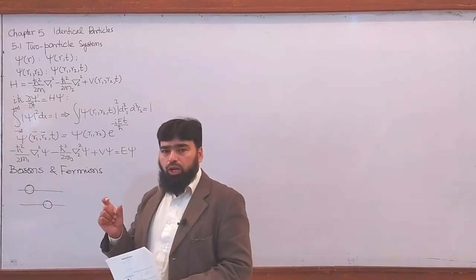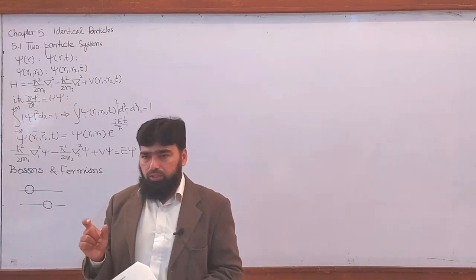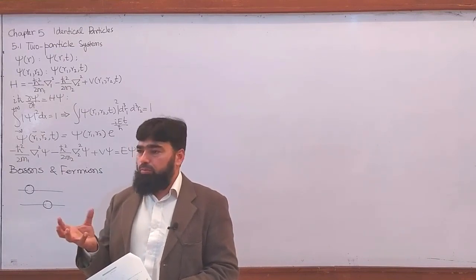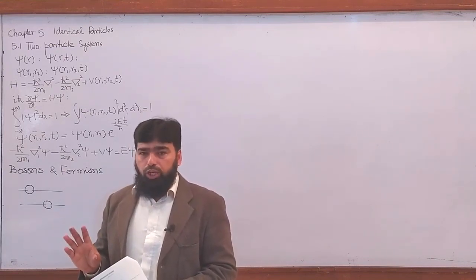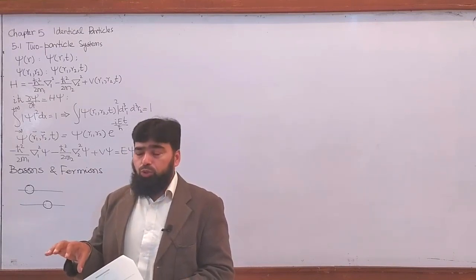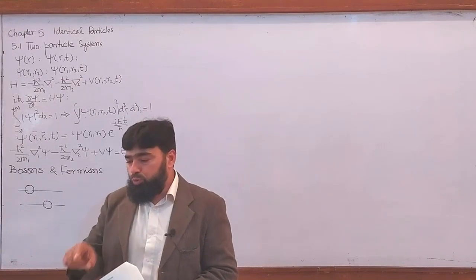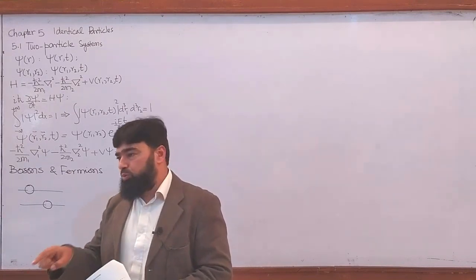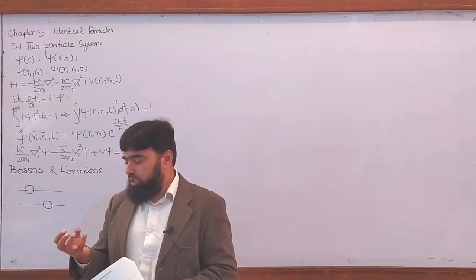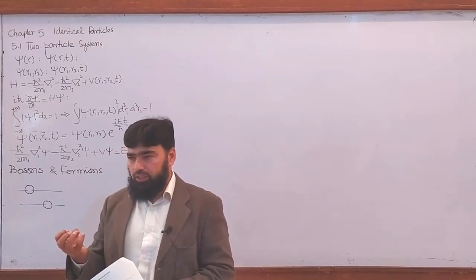Inside a nucleus you have protons and neutrons. You collectively call them nucleons. As long as they are inside a nucleus, you cannot say which one of them is a proton and which one is a neutron, because they are constantly exchanging particles.